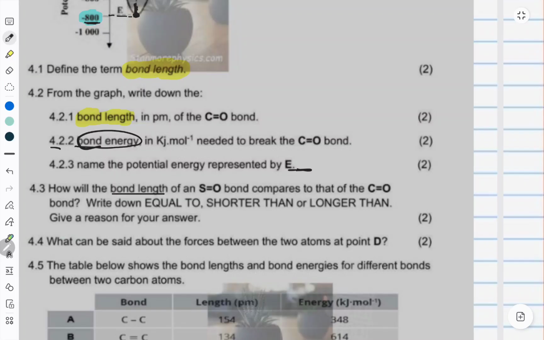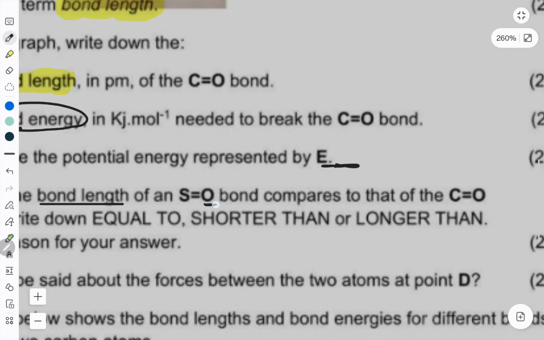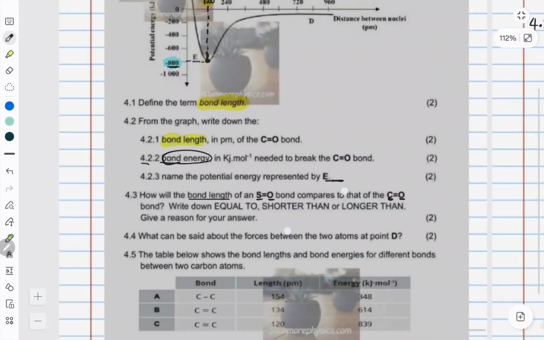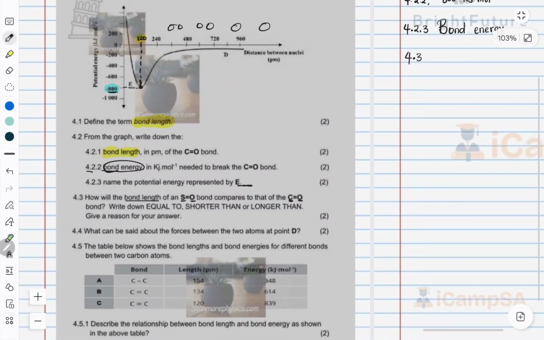For this one, remember, there's a number of things that affect the bond length. Since they are both bonding to the same atom, what we can do is check how big is the sulfur atom and how big is the carbon atom. Let's check our periodic table.